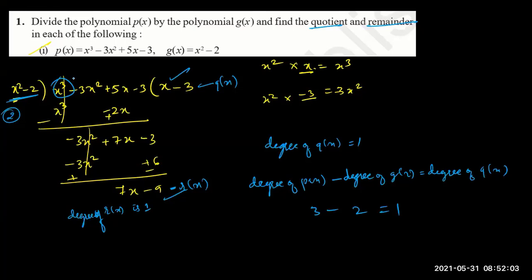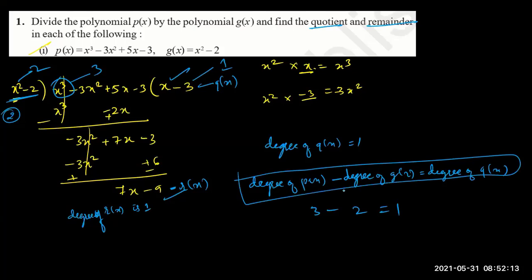Here the degree of p of x is 3 and this is 2, so 3 minus 2 is 1. This is also one point you remember: the degree of p of x minus degree of g of x is equal to degree of q of x. That is important, because while solving some examples, it is required for us.